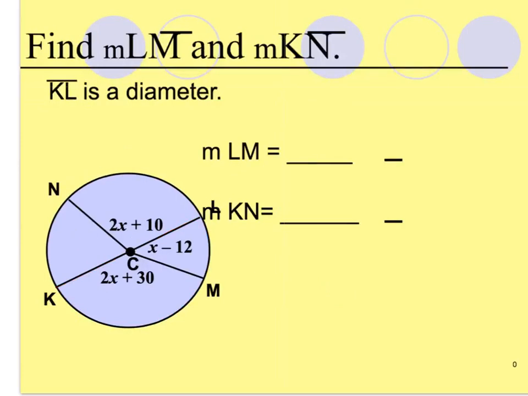Okay, so I have KL is the diameter, and we need to find arc LM as well as arc KN. So since we have diameter KL, I can see that the sum of these two angles here are equal to 180, so I'm going to write that out.